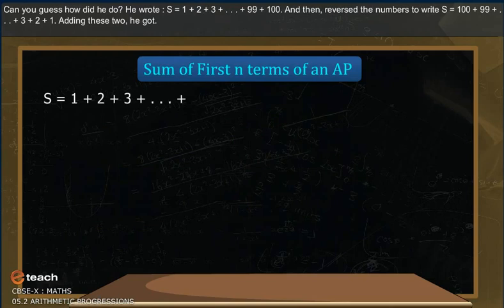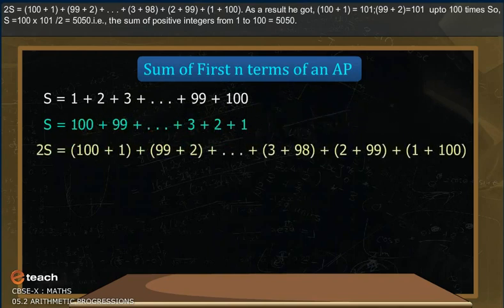He wrote s is equal to 1 plus 2 plus 3 and so on plus 99 plus 100, and then reversed the numbers to write s is equal to 100 plus 99 plus 98 and so on plus 3 plus 2 plus 1. Adding these two, he got 2s is equal to 100 plus 1 plus 99 plus 2 and so on plus 3 plus 98 plus 2 plus 99 plus 1 plus 100.